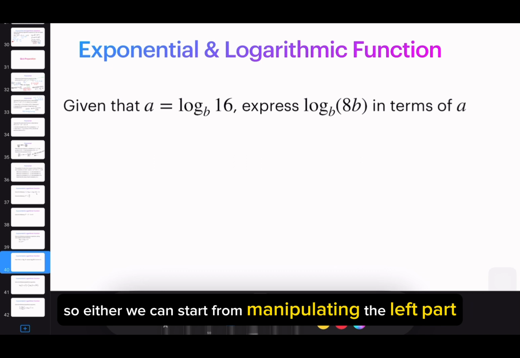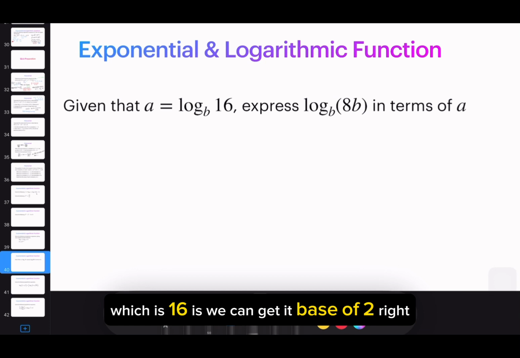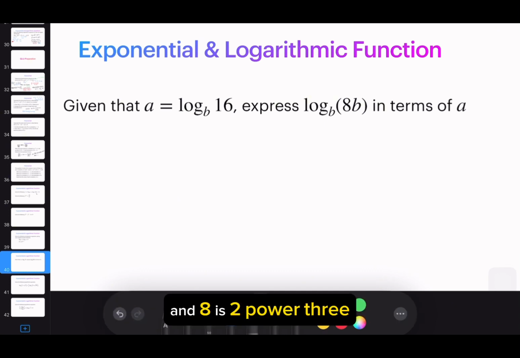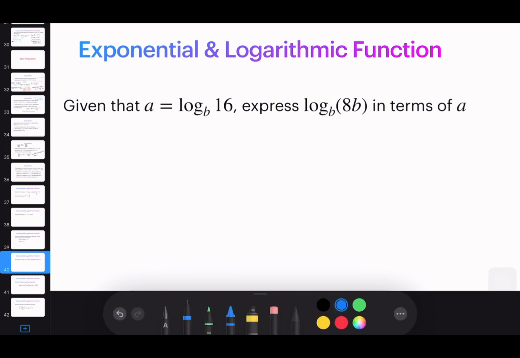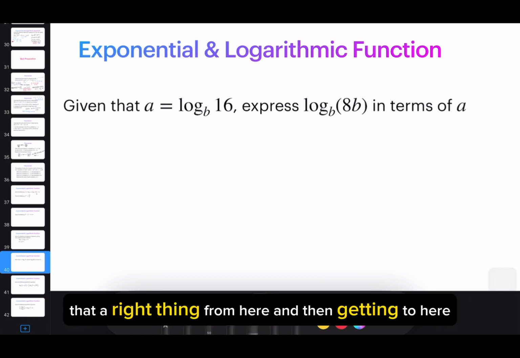So either we can start from manipulating the left part, where 16 is 2 with power of 4, and 8 is 2 power of 3. So we can have that connection, or you can arrive from here and then get to here.